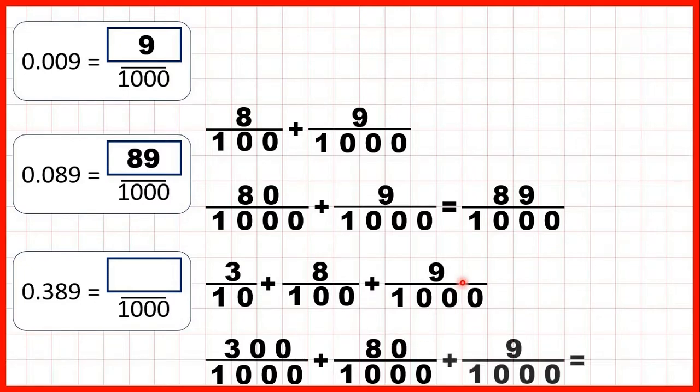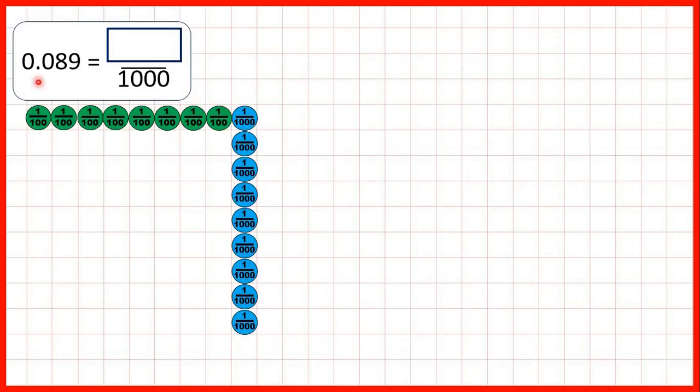So if we add the 9 thousandths to that, we now have our fractions with a common denominator, so the denominator stays the same, and 300 plus 80 plus 9 is 389. So that's why our answer is 389 thousandths. Let's just take one last look at this middle question. 0.089.